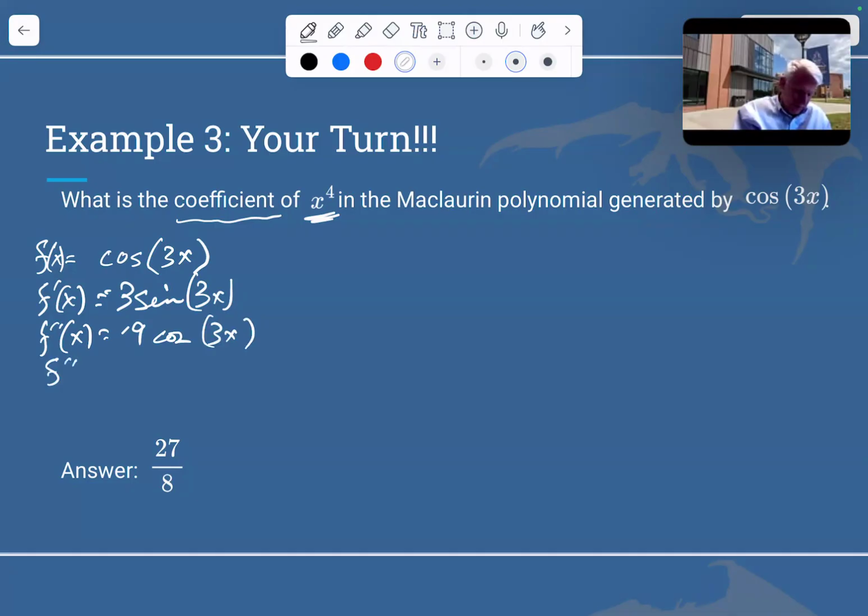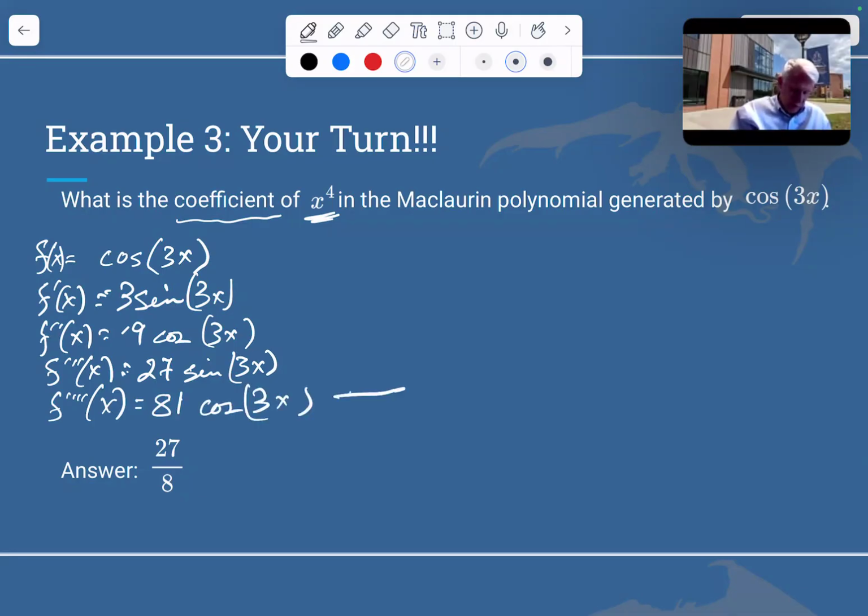The third derivative is going to be positive 27 sine of 3x. And then that fourth derivative is going to be a positive 81 cosine of 3x.